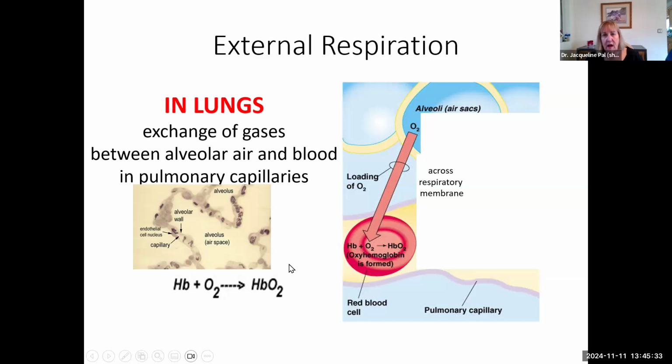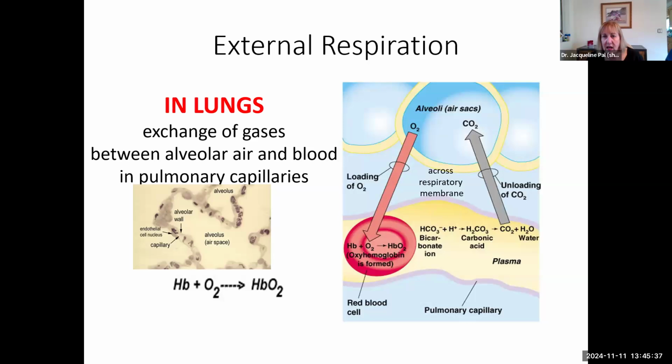And we are going to be sending carbon dioxide, most of which is found in the plasma as the bicarbonate ion. So it gets bound back with the hydrogen ion to reform carbonic acid and then separates again into water and carbon dioxide.